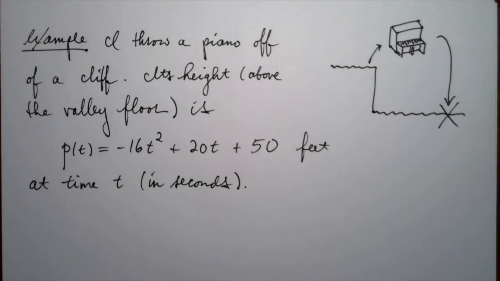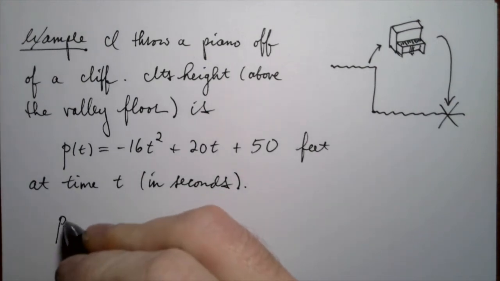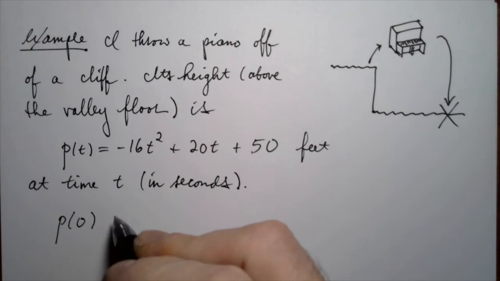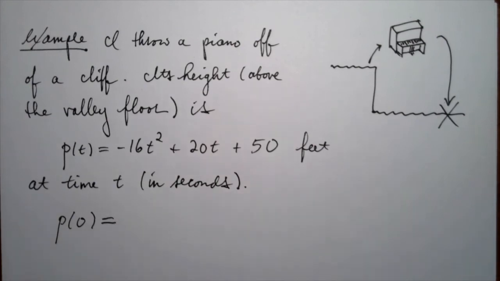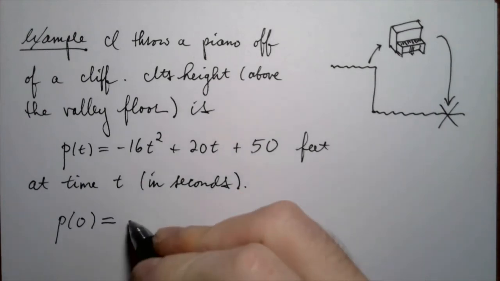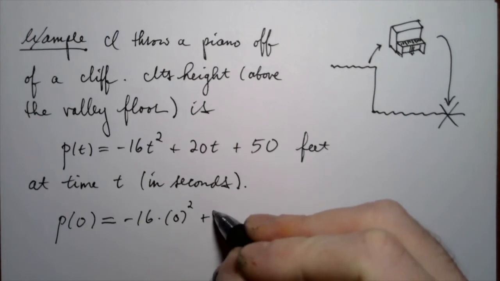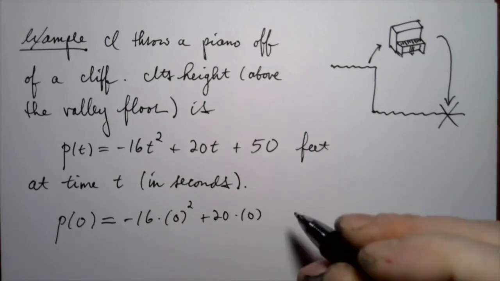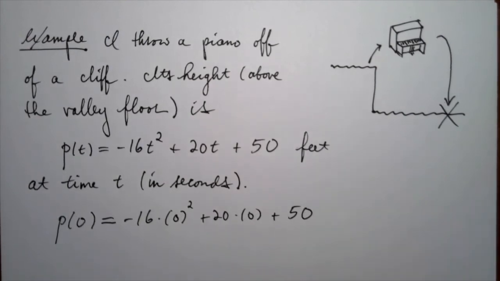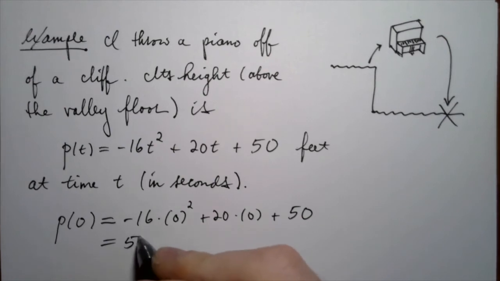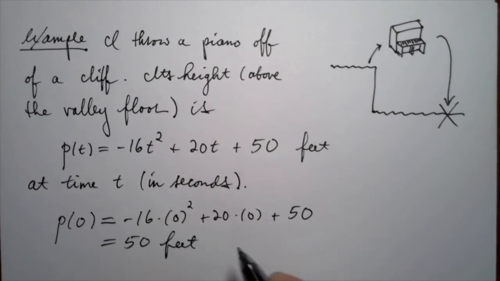Now, let's just analyze this function for a bit. First of all, what does it mean if we plug in t equals 0? That's the initial position. If I plug in 0 for t into the function, these first two terms are both 0, and so we end up with 50 feet.